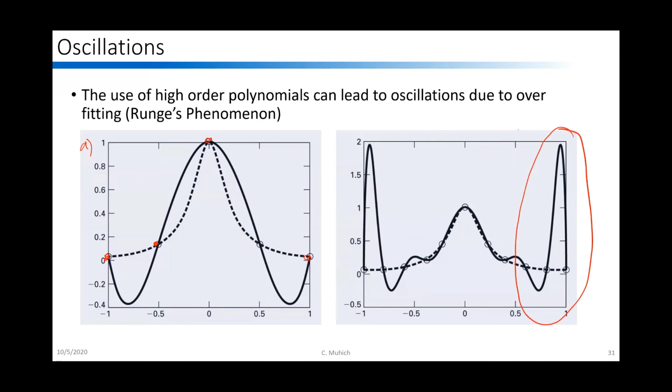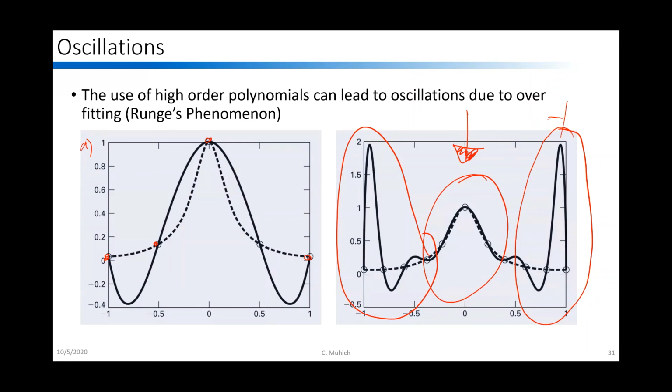So if I go to an even bigger data set with more data points, we can see that the oscillations lie on the outside, while we can have relatively good or high quality fits on the inside of this. So when we have large orders of polynomials, we trust what's happening near the middle much more than we trust what's happening on the outside.